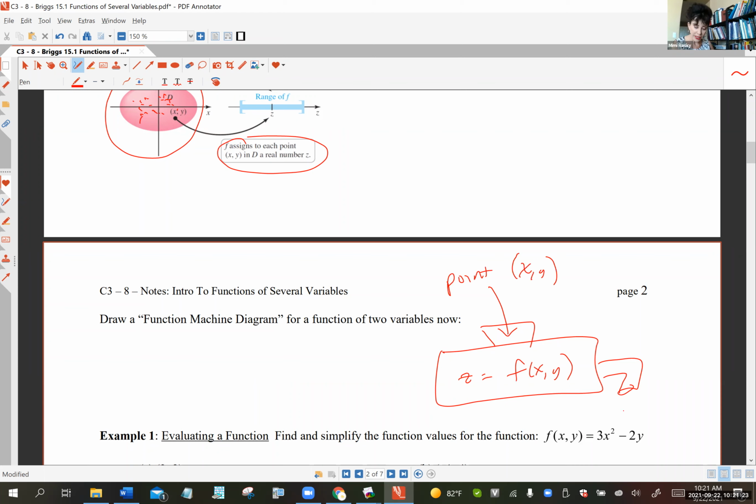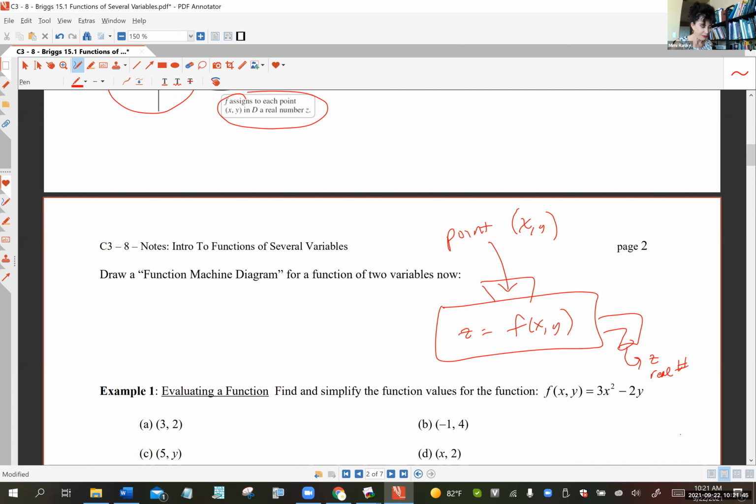And once it eats that point, it outputs a value z, which is a real number. Now that value z, that real number that corresponds to the point, when we graph this function of two variables, that z value will be the altitude that corresponds to the point. And there is the function machine.